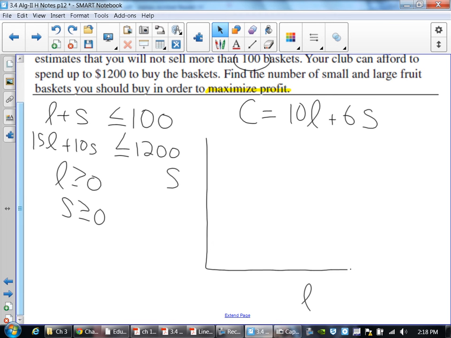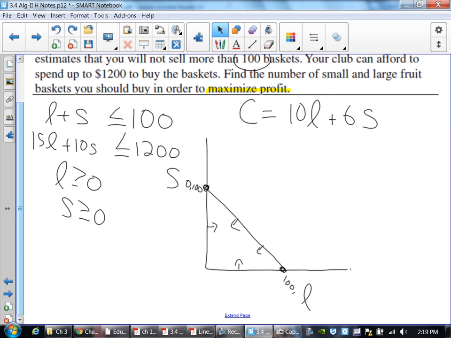All right, the x and y intercepts are both at 100. And we know we're working inward. I have an S-intercept now at 120.